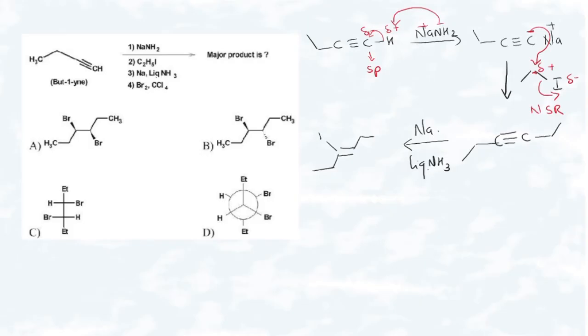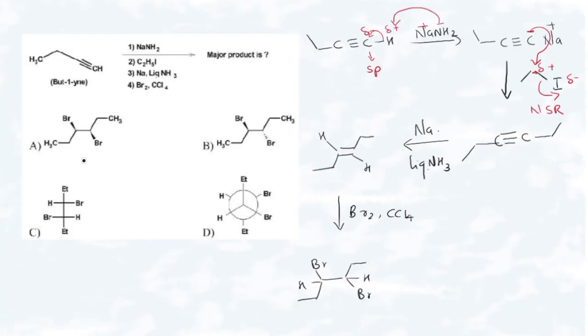Trans-3-hexene molecule like this. Now, let's do the last reaction, that is treating it with bromine in the presence of a solvent like carbon tetrachloride. So we are going to get a dihalo compound like this, a dibromo compound.